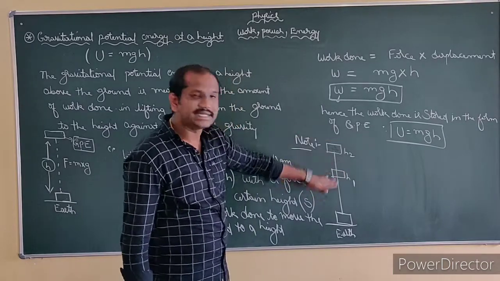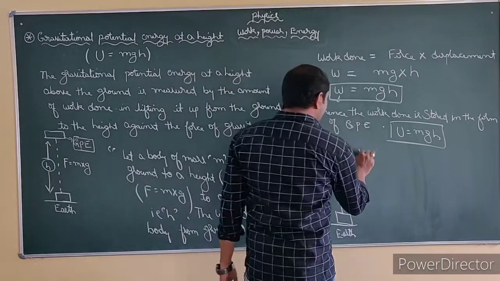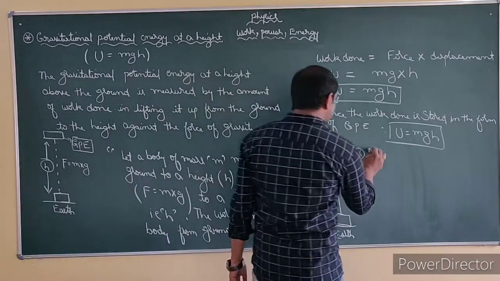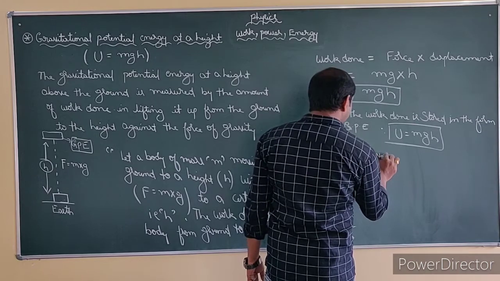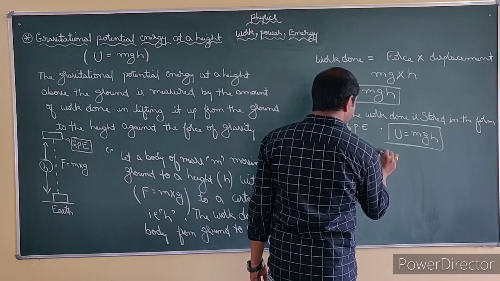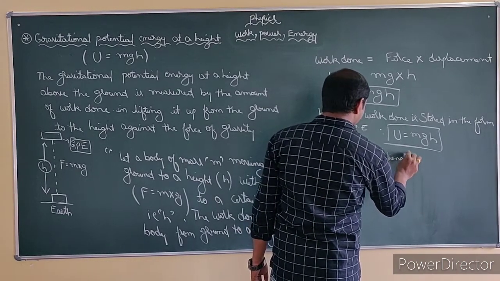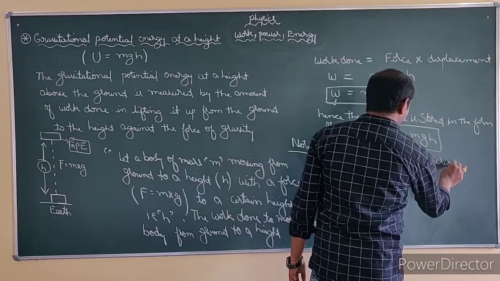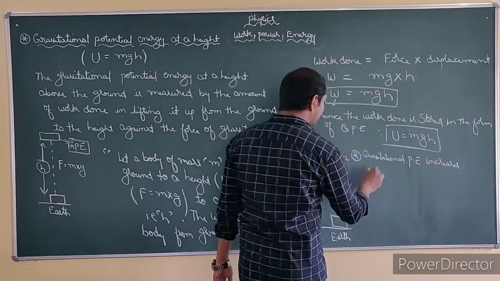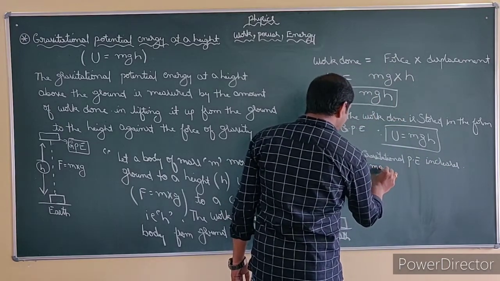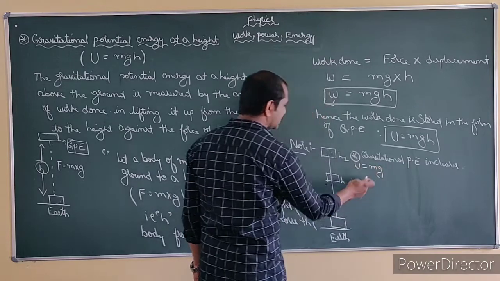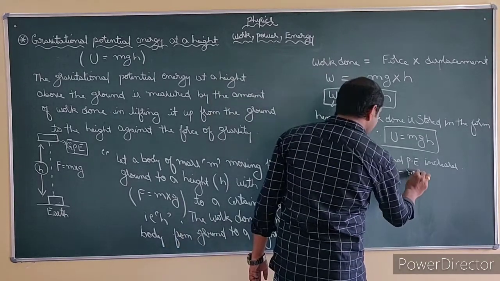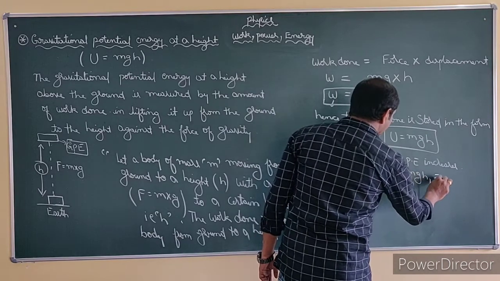Since it will keep on increasing, whenever you give numericals, it will be like that. So when gravitational potential energy increases, if you want to find the change in gravitational potential energy, you have two heights. So mgh2 minus mgh1.